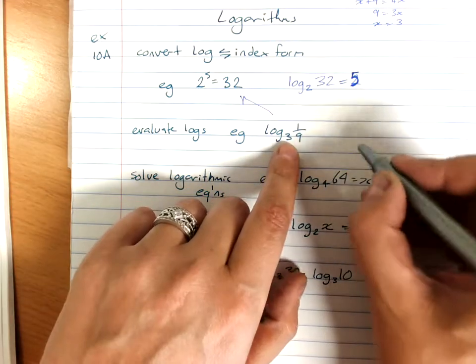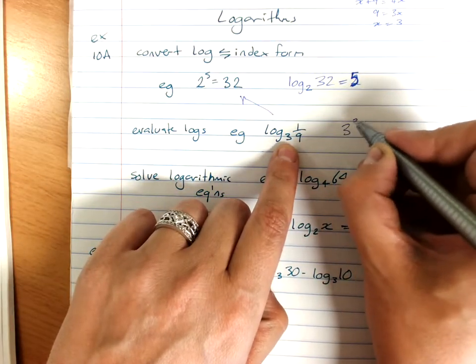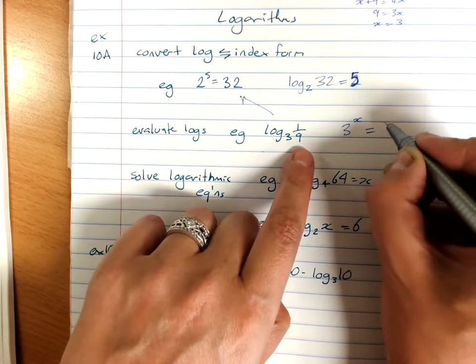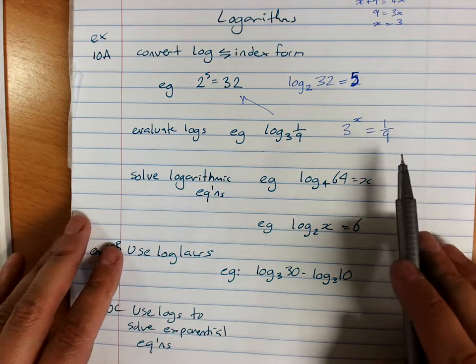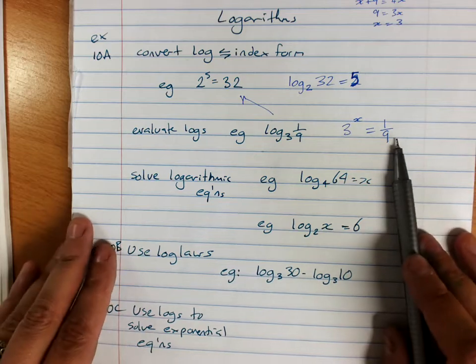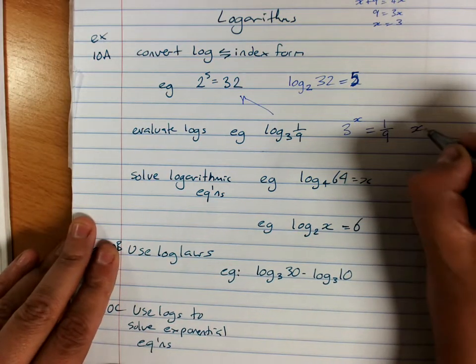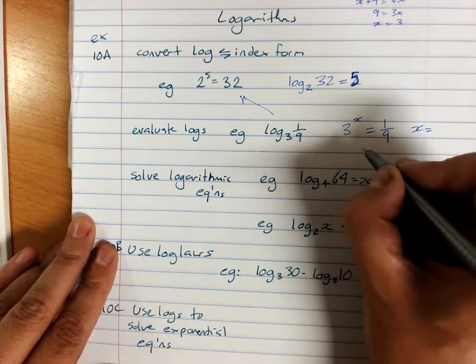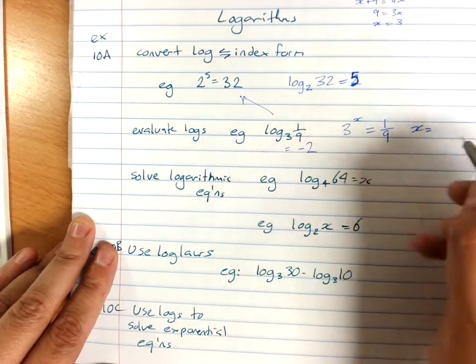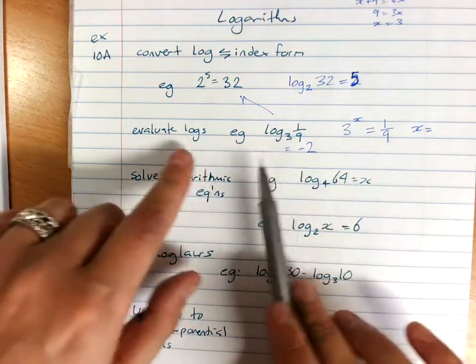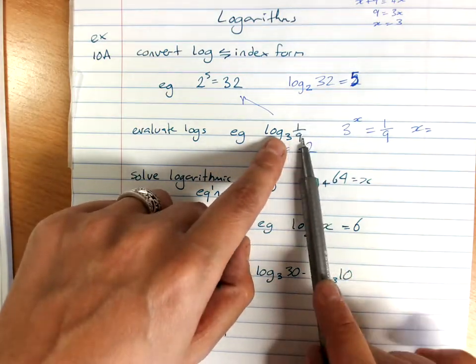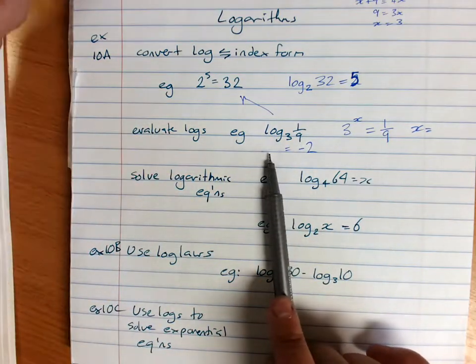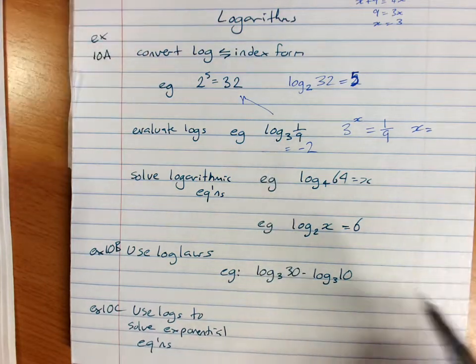So 3 to the power what is 1 over 9. And did we just solve that? Yes, we did. So x equals negative 2. If you can't manage it just logically, 3 to the power what is 1 over 9, then change it to an exponential equation and solve it that way.